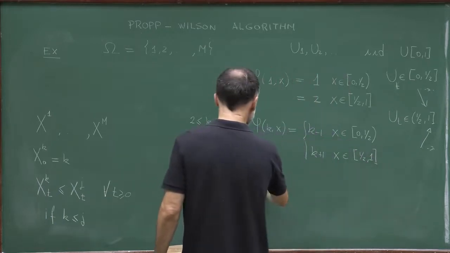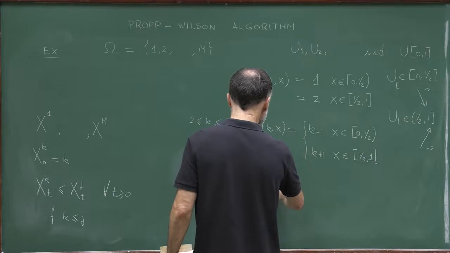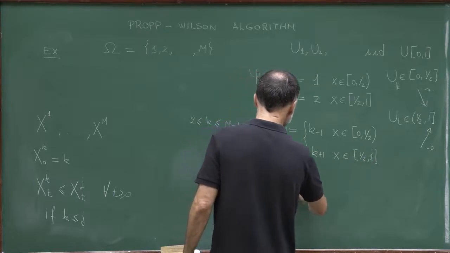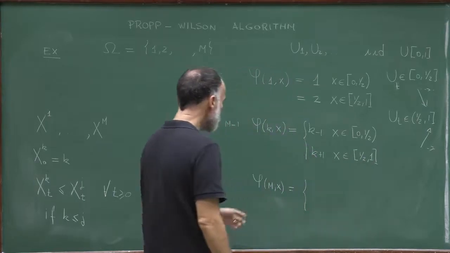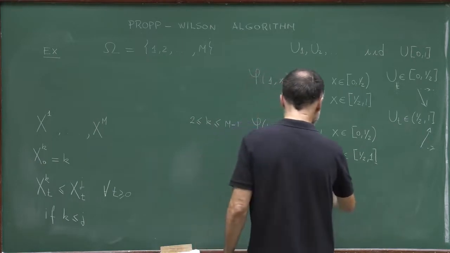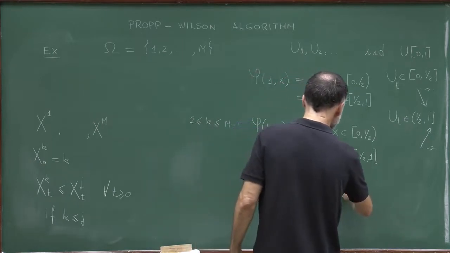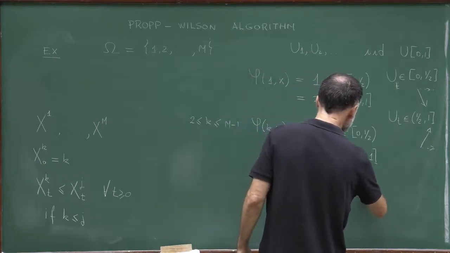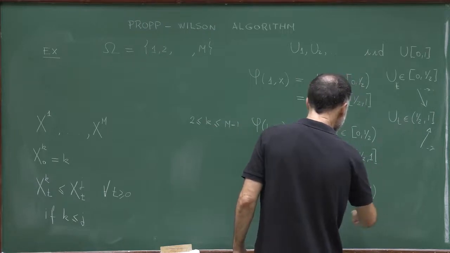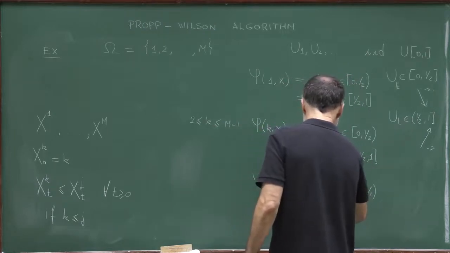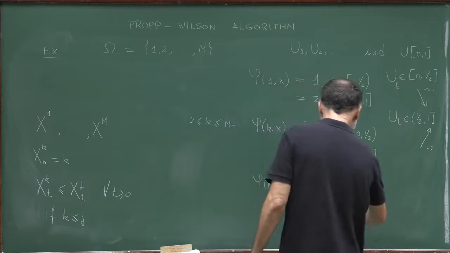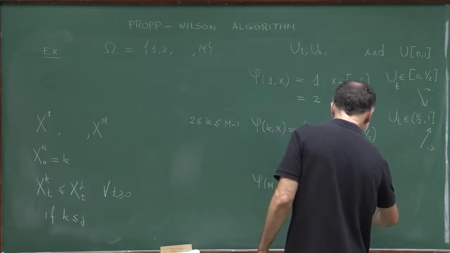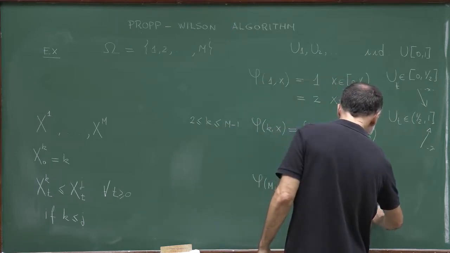And finally, phi_m(x) will be equal to m minus 1 if x belongs to 0, 1/2, since we can decrease it by 1, and it will be equal to m if x belongs to 1/2, 1, because we cannot increase it by 1.